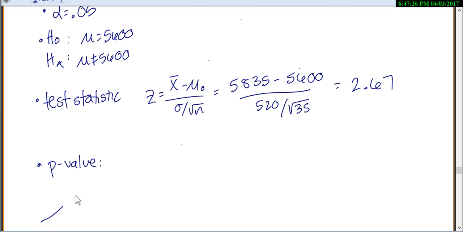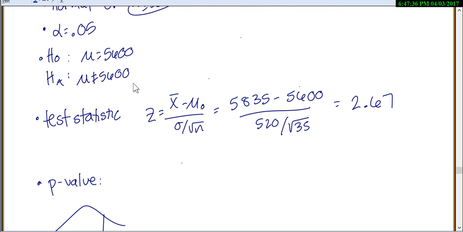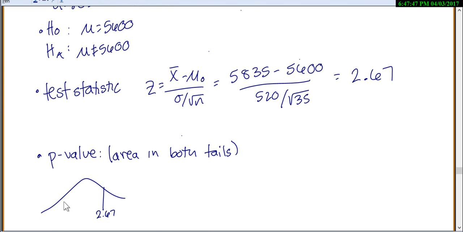For my p-value, we'll use our z-table because this is a z-test. And here we have our 2.67. And which direction am I supposed to shade? Looking at that alternative, that's a not equal to, so this would be the area in both tails. That means we'll have our 2.67, and we'll also do a negative 2.67 and shade to the left and right.